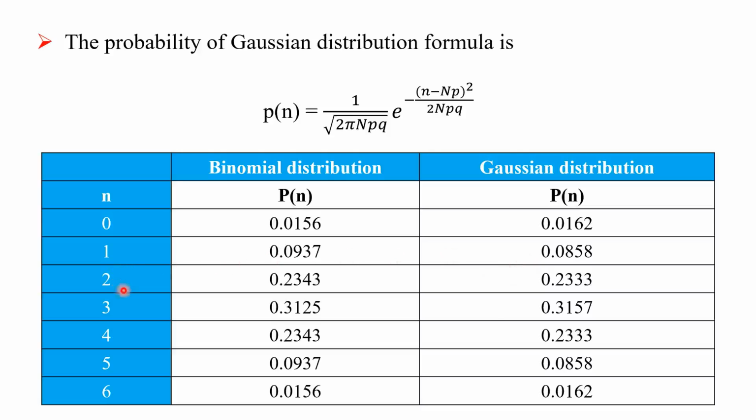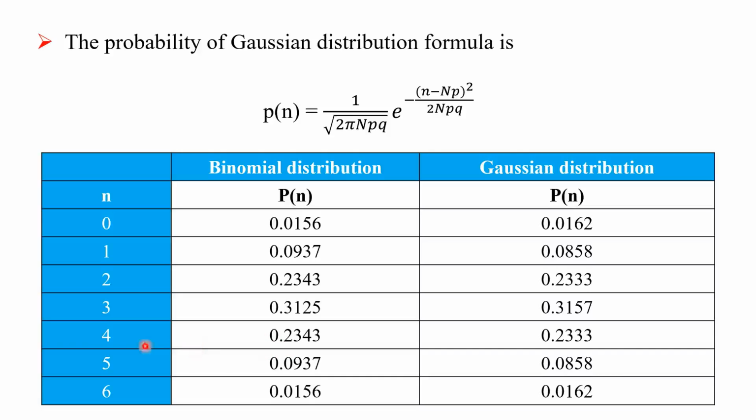For n is equal to 2, the binomial distribution is 0.2343 and the Gaussian distribution is 0.2333. For n is equal to 3, the binomial value is 0.3125 and the Gaussian value is 0.3157.